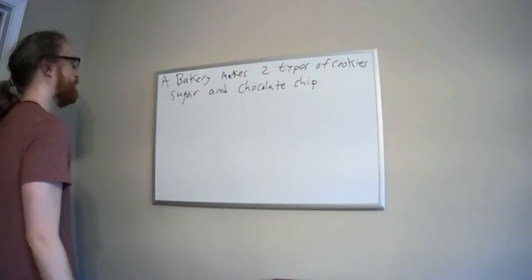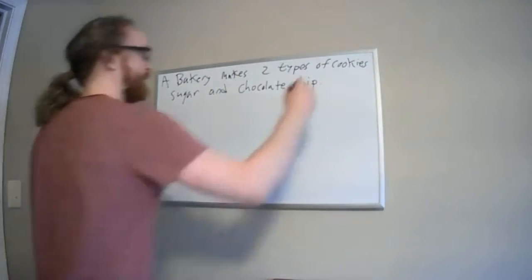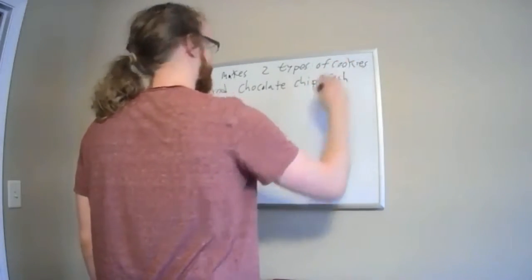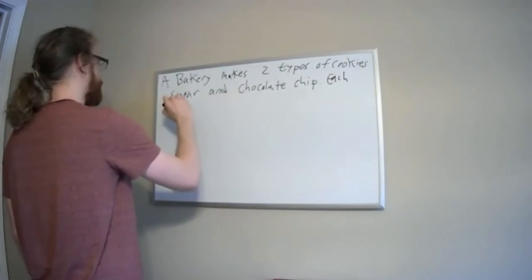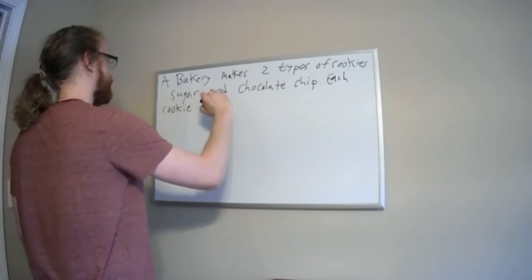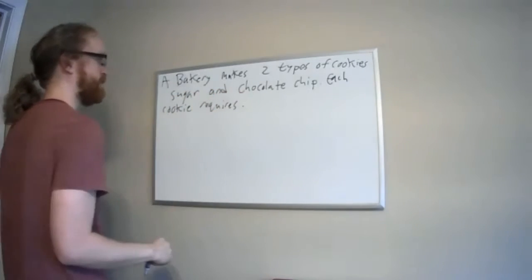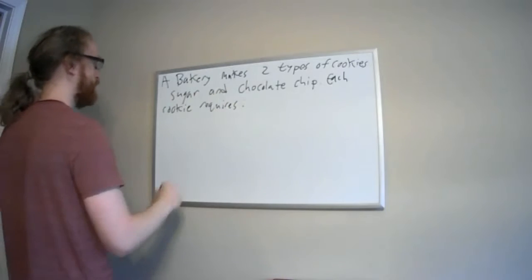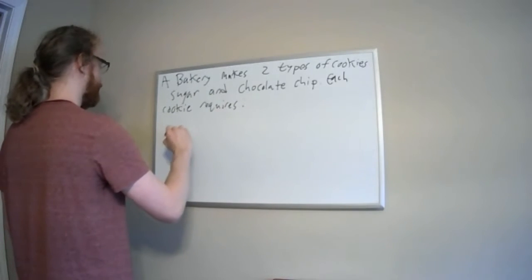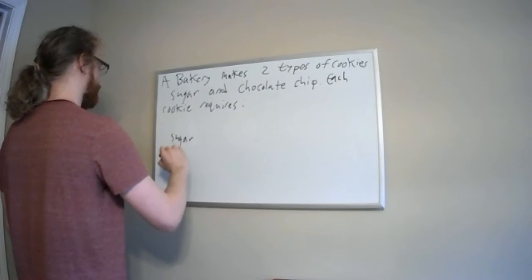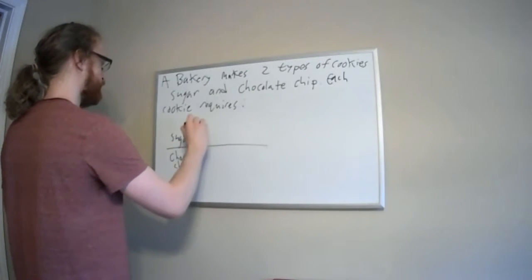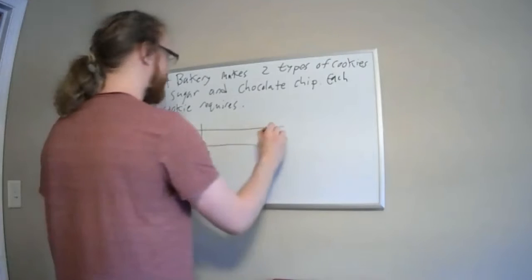Okay, and these are going to require some ingredients. So each cookie requires the following. And I'll put this into a nice table. It'll be nice and easy to look at in a table. So we'll have sugar cookies, and we'll have chocolate chip. These guys will be in a table. And there are certain ingredients that each of these requires.